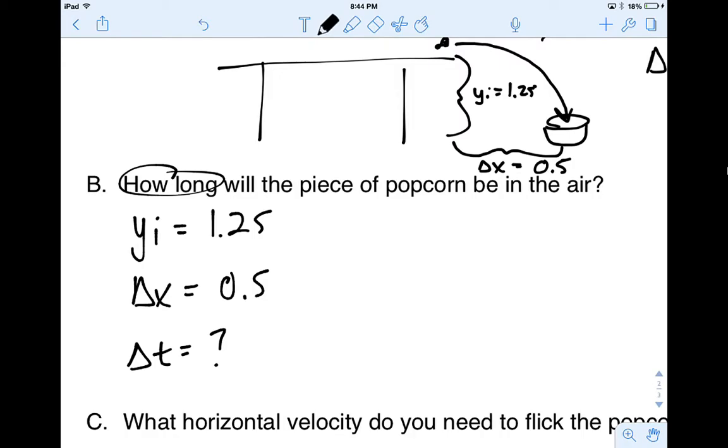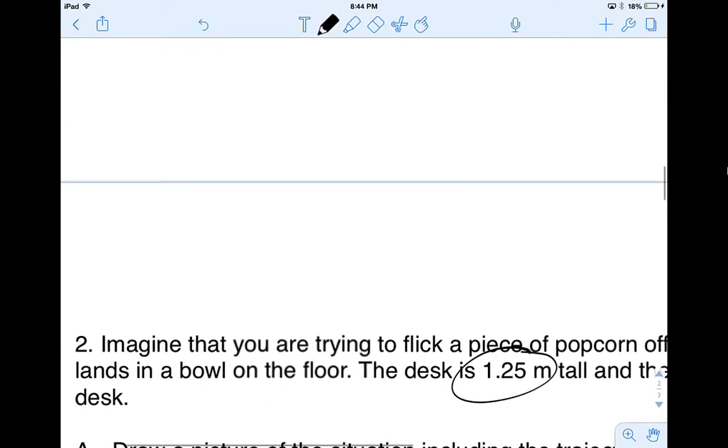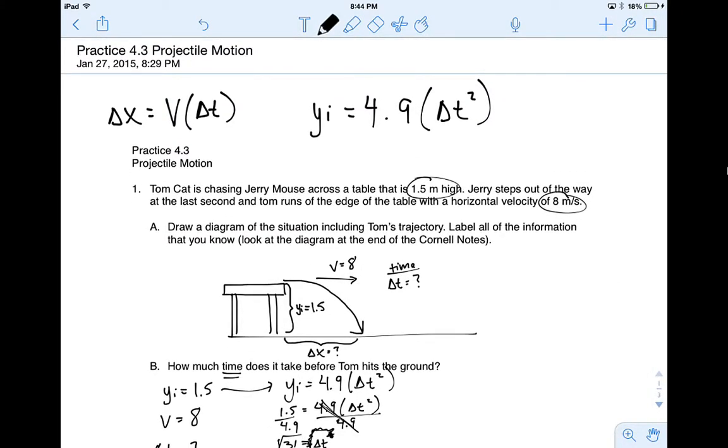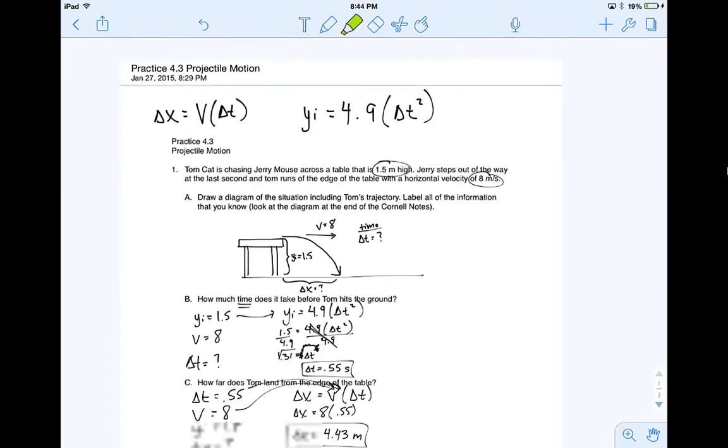When we look at our equations, I'm looking for delta t, but it's in both equations. They gave me delta x, but they didn't give me v, so I can't use that equation. That's out. But they did give me yi, so I can use that equation. That's in.